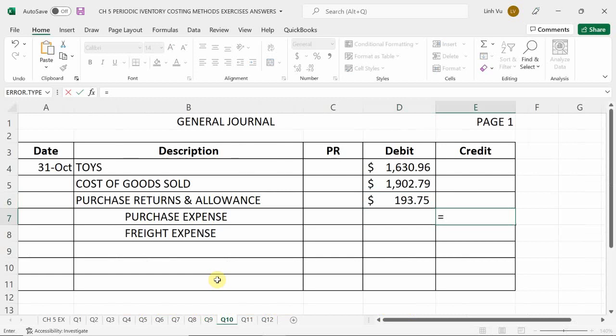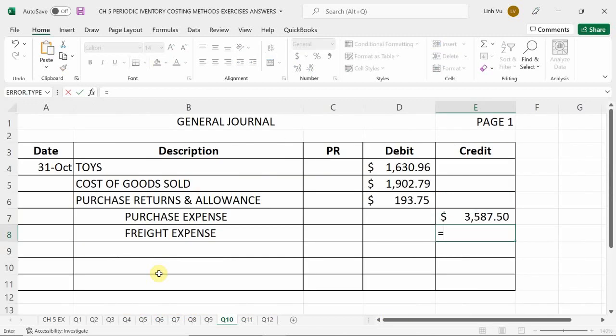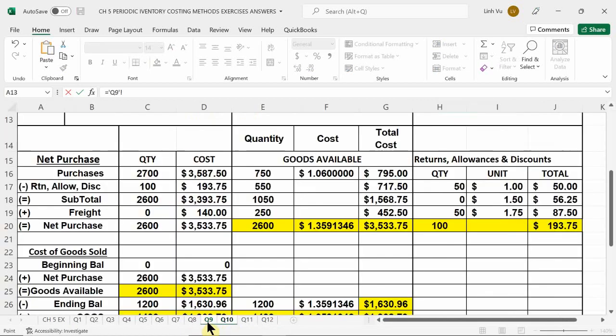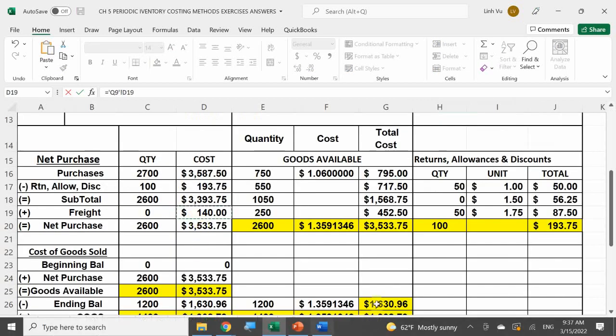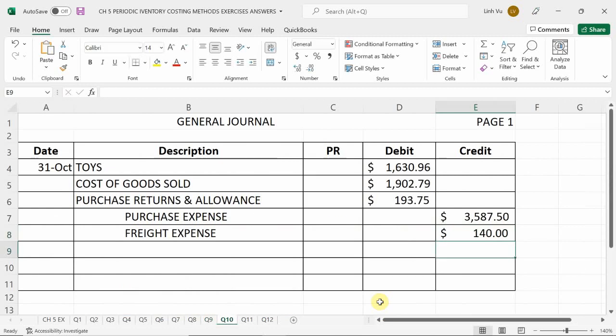Okay. Total purchases were my original purchase. And last but not least, my freight. Okay. Freight of 140.